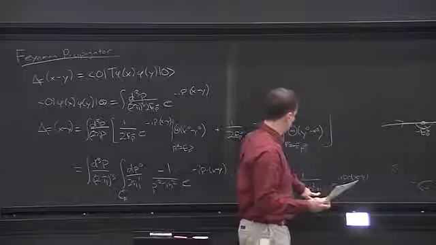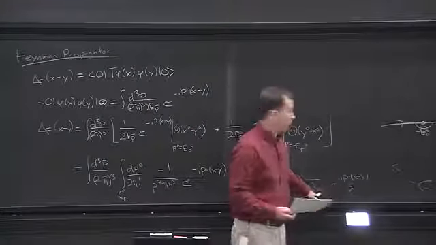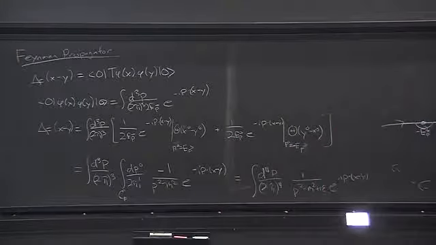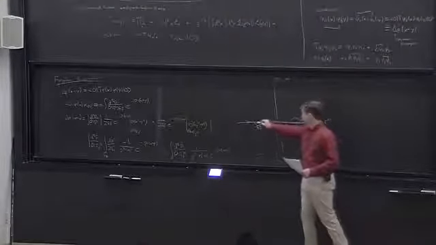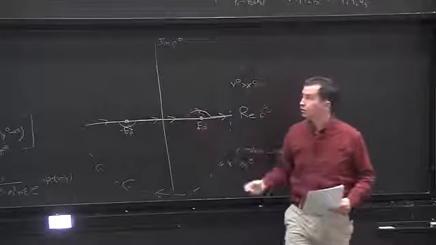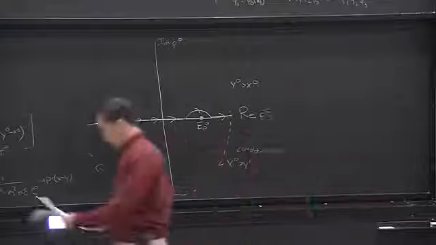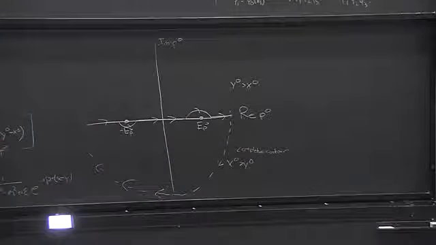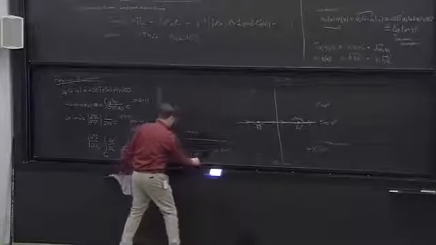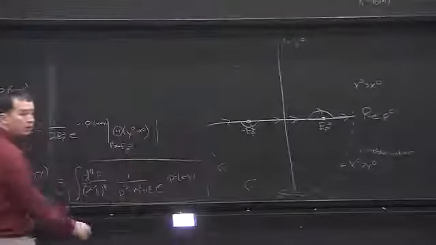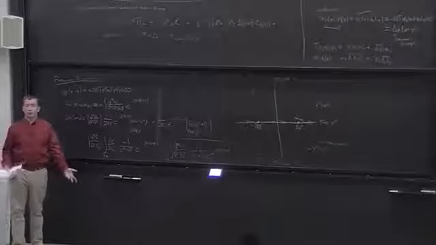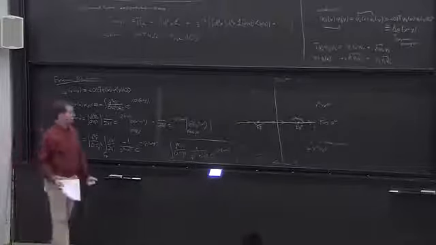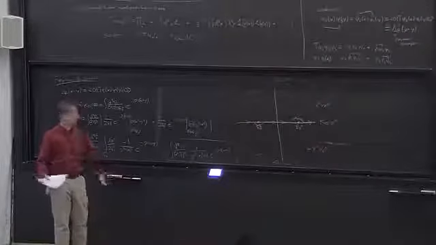It's just imagining you're adding a small positive imaginary part to the denominator, which would shift this pole down a little bit and this pole up a little bit, and then you integrate along the real line. This is the form of the Feynman propagator we're going to use to compute the time-ordered expectation value of free fields, which we can use to compute the time-ordered expectation value of interacting fields, and use to compute matrix elements.